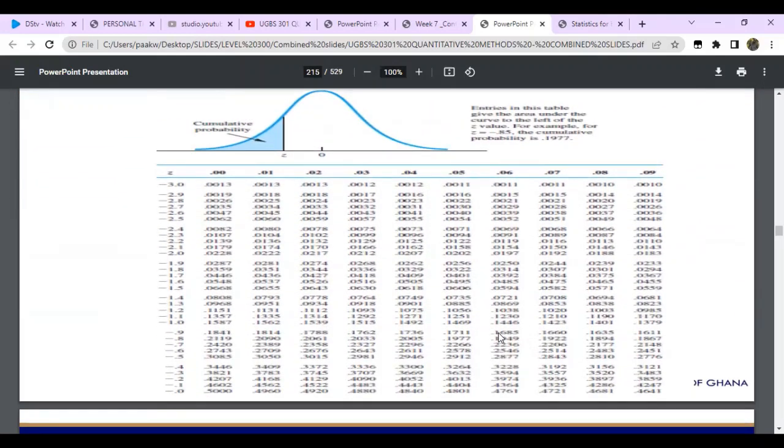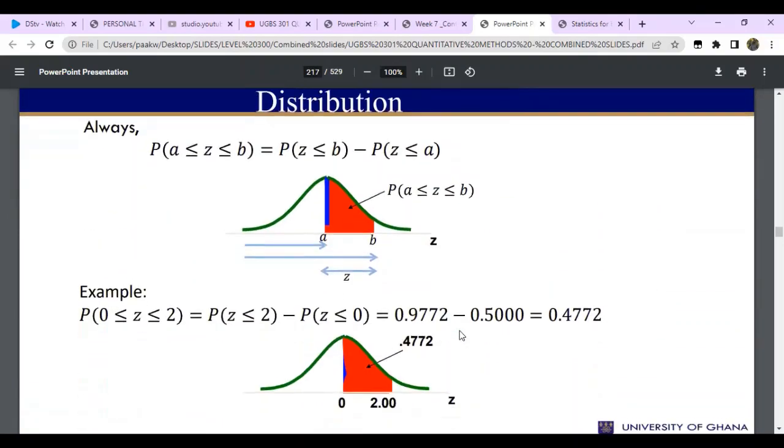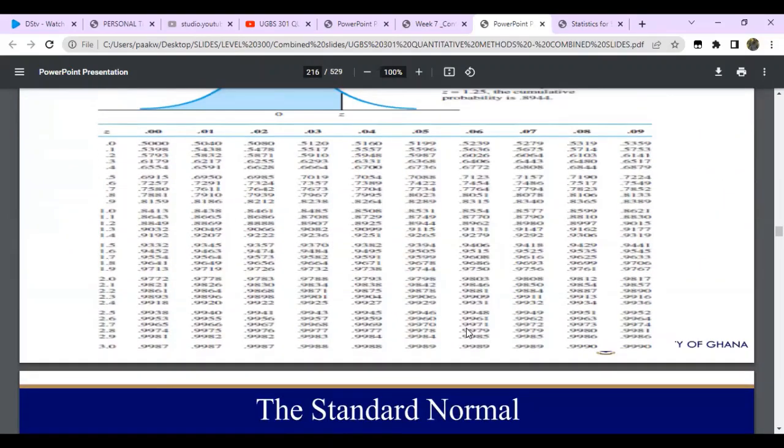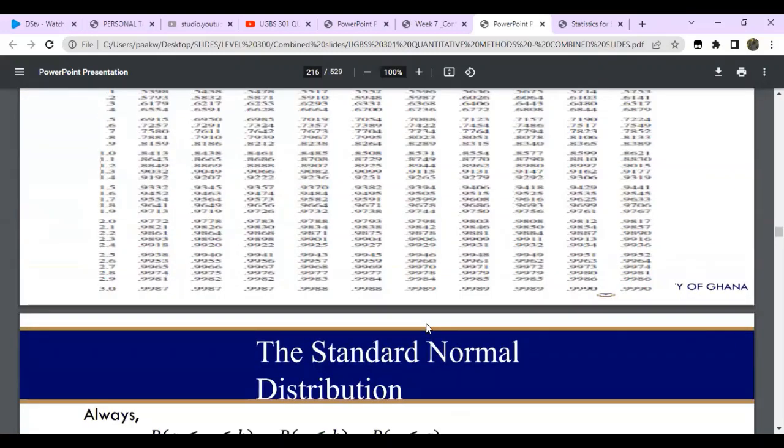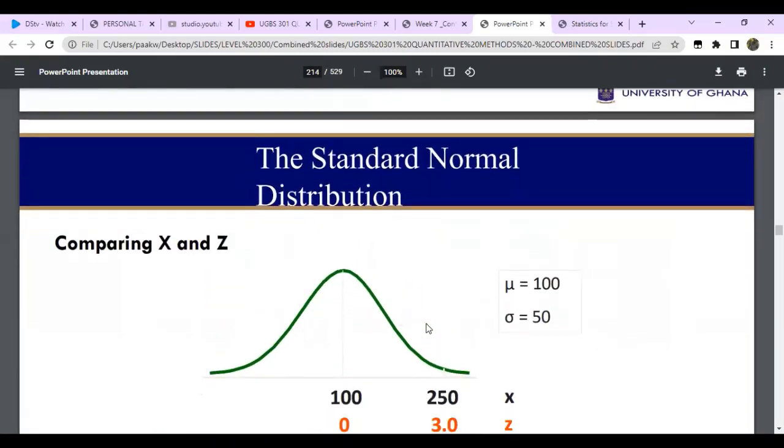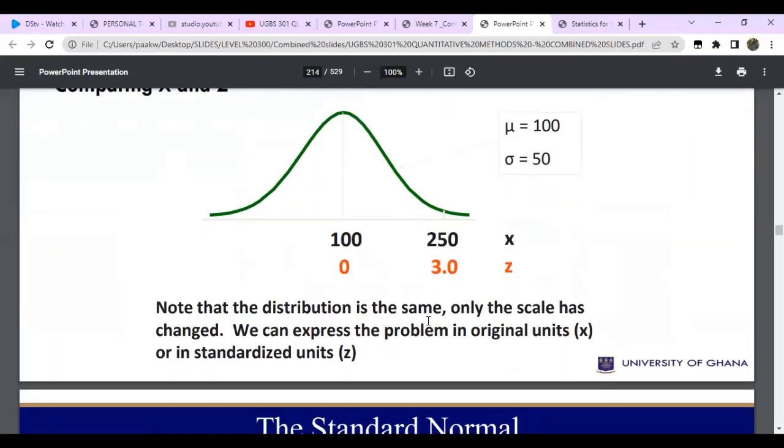So this was the table our friend was talking about. You get it? So we come back to the table. I want us to read something here. Now we are making a comparison between the x and z. We are saying both are normal distributions. One of them is standardized.